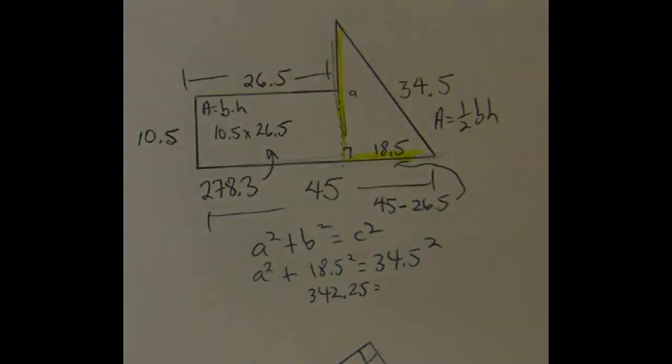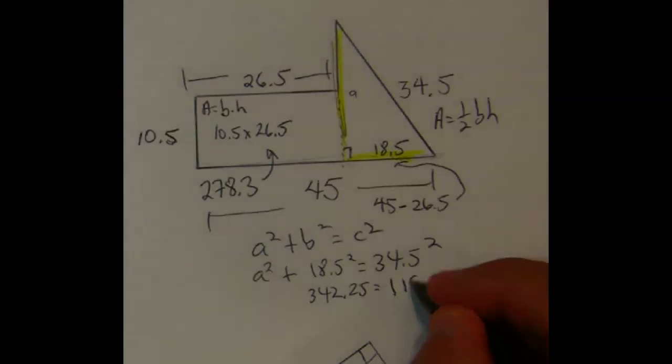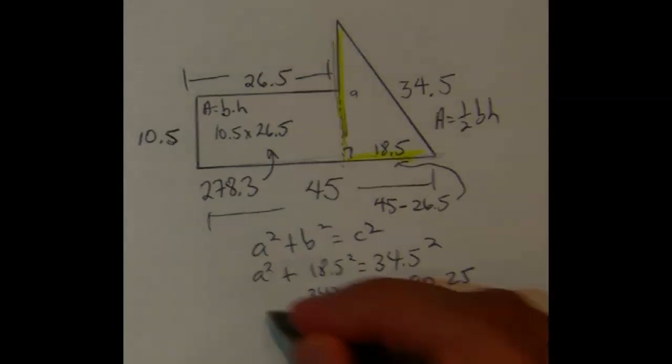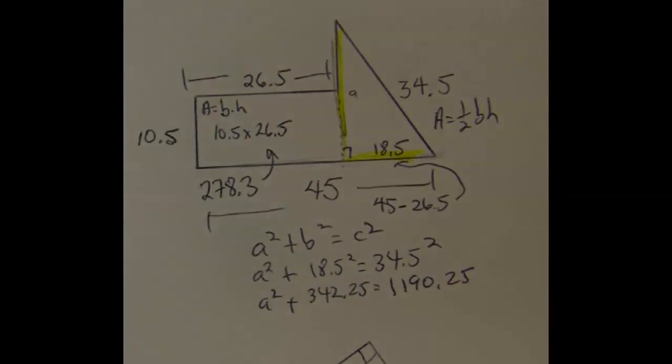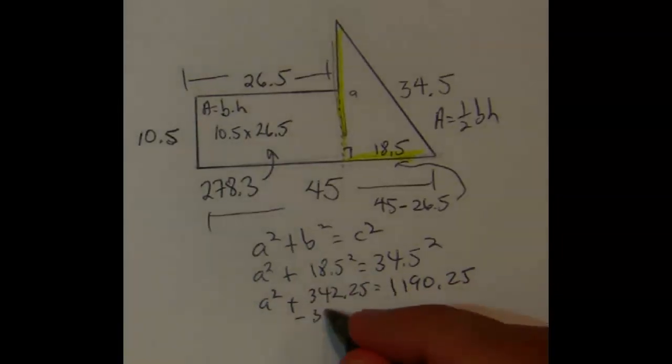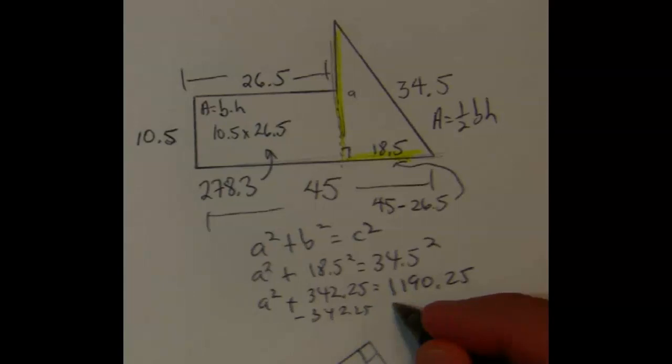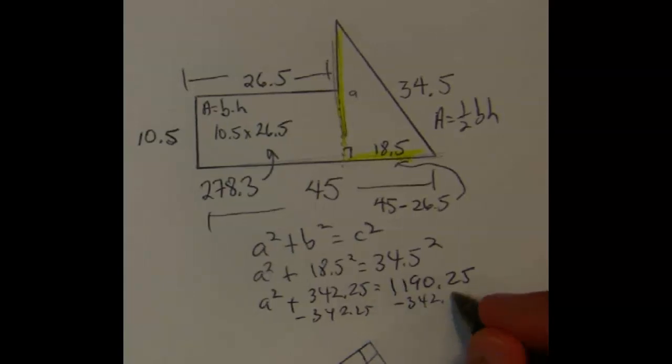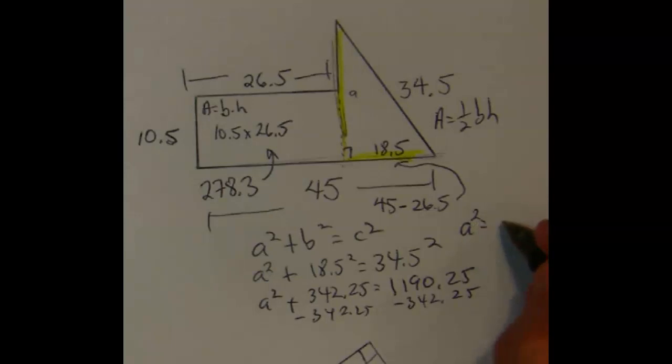And over here we have 34.5 squared, which is 1,190.25. Subtract the 342.25 from both sides, and you'll get 848. So a squared is equal to 848.